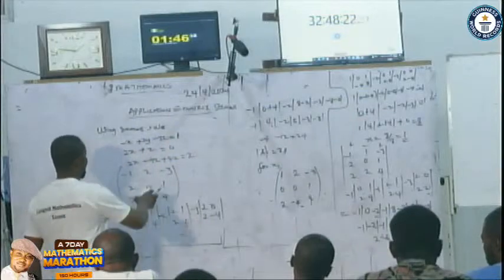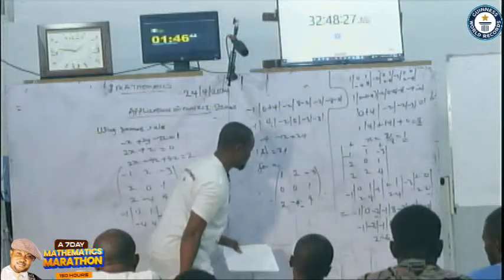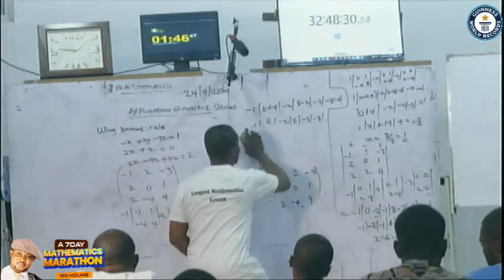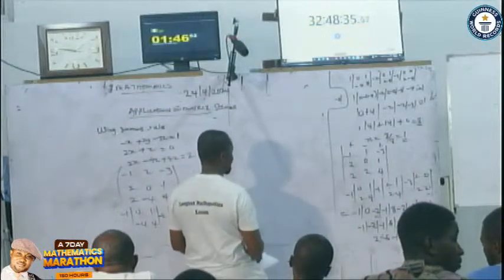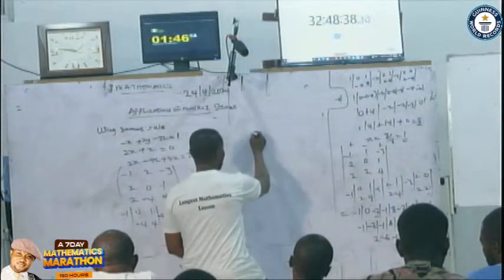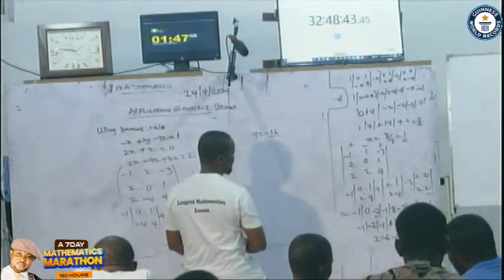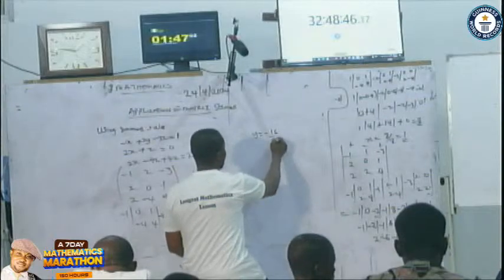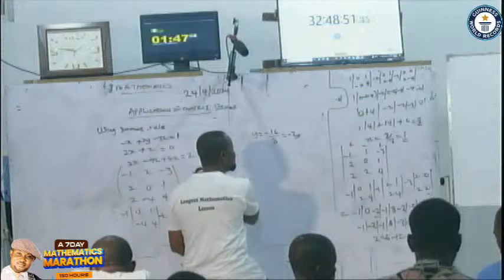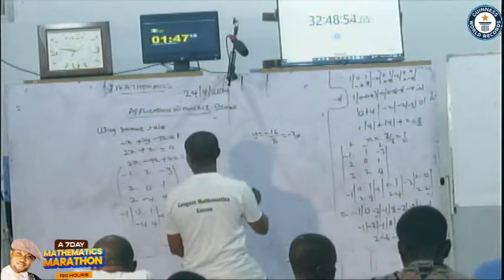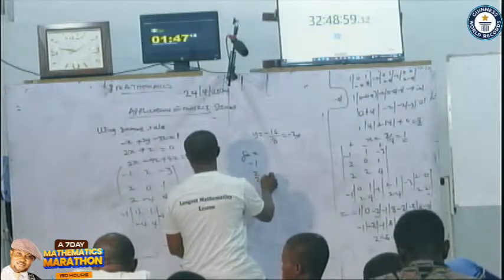So for my y will now be equals to... So for Z, we have 1, minus 1, 2, 2, minus 1, 2, 2, 2, 0 minus 4.